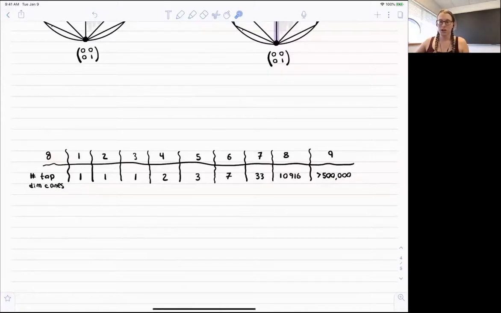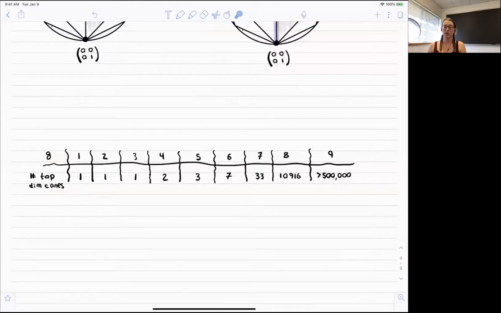And so the kind of naive approach of actually writing down this complex in full and computing all of its homology is probably going to run out right around where we stopped. You might get a little bit further if you're clever and very good at programming, but really, I think the next step is to use this machinery that we've built with this chain complex and these isomorphisms to construct non-trivial cohomology classes, using combinatorics and other things.